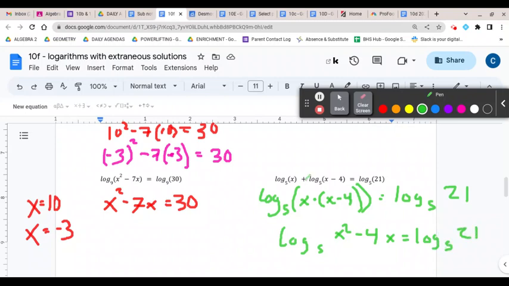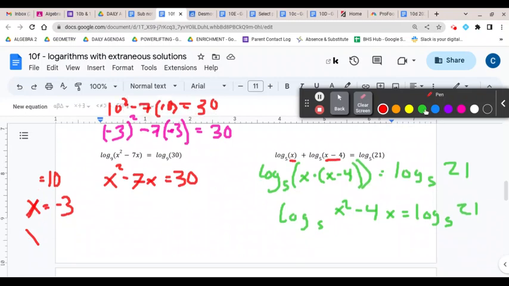Okay, so again, these two logs are adding, this log and that log are adding. So we take the x and the x minus 4 and we multiply them. Okay, so we get x squared minus 4x equals 21. All right, if we were to solve this out, again, we could factor or we could graph or what have you.